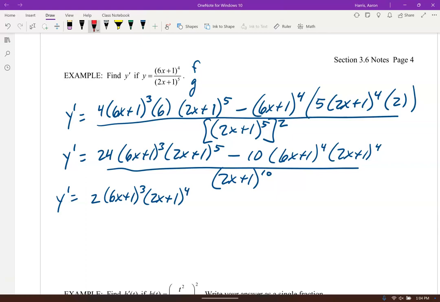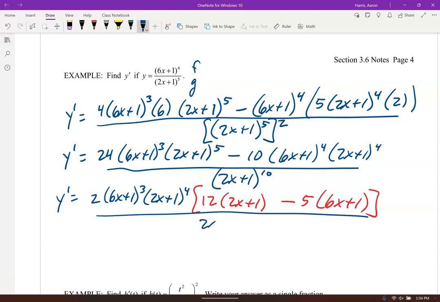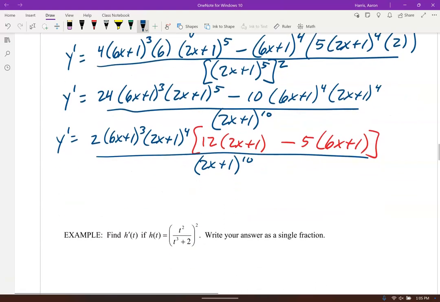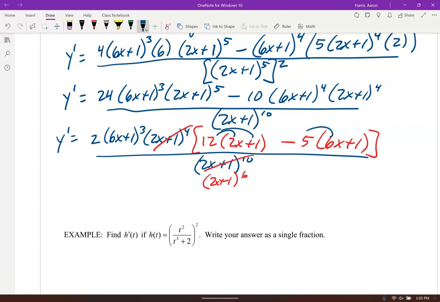And I would be left with, let's see, I'd be left with a 12. I'd be left with one more of these 2x plus 1s from that one, minus I'd have a 5, and I'd have one of these 6x plus 1s left. And I notice I'm like, okay, I got 4 of these 2x plus 1s on the top, 10 of these on the bottom. So I'm left with 6 of those left on the bottom, right? And then I would go ahead and do this too as well, combine those.